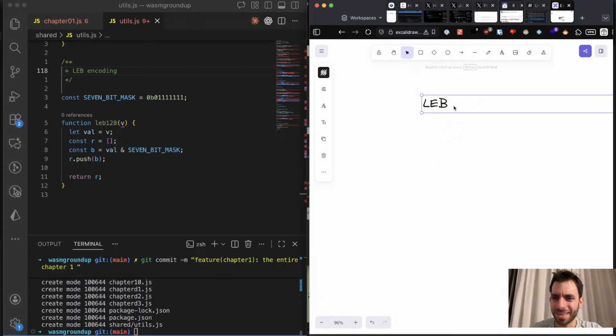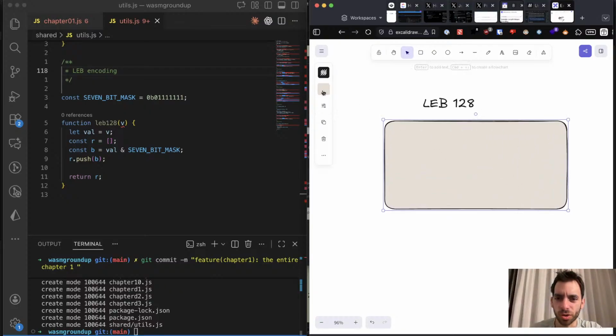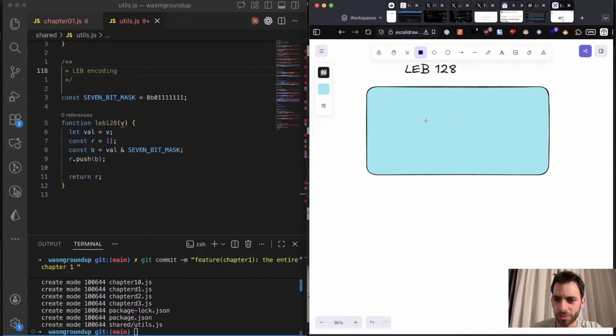Okay, so we got the LEB128 encoding. What it's actually doing: let's say we have this huge number, and let's say this number is 335.6, and this is an integer.